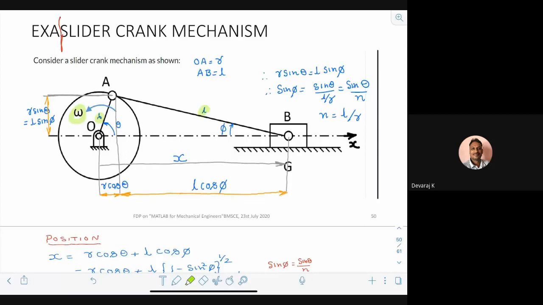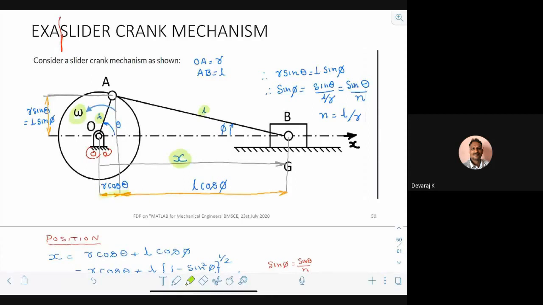So, looking at the equations for the analytical approach. If I take this as the origin, so x is 0, y is 0. Then at any given instant, x can be written as r cos theta plus L cos phi.